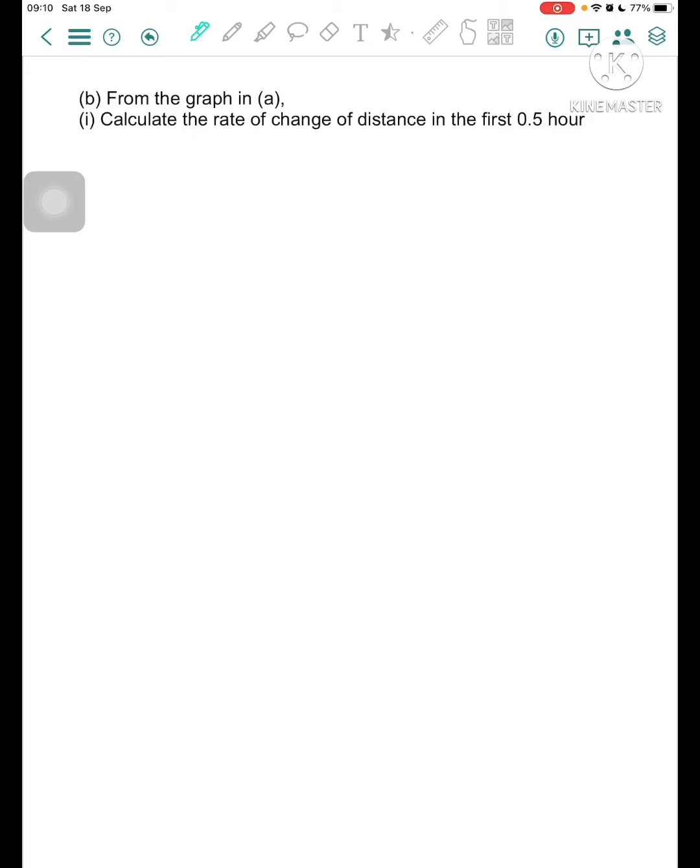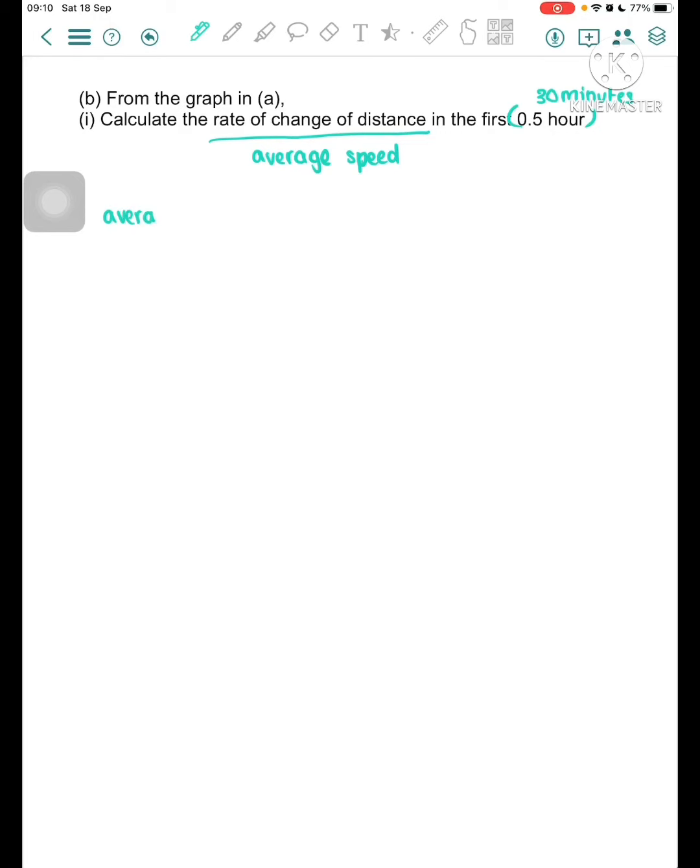Okay, question B. From the graph in A, calculate the rate of change of distance in the first 0.5 hour. So rate of change of distance is average speed, and 0.5 hour is 30 minutes. So just write the formula for average speed.